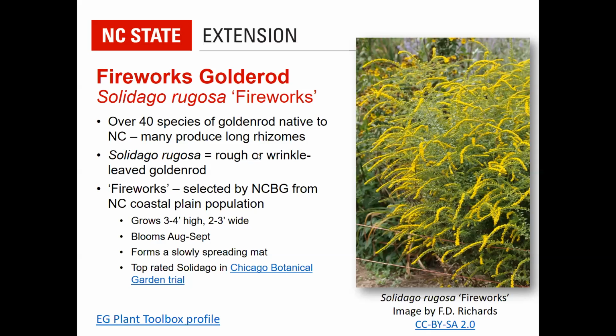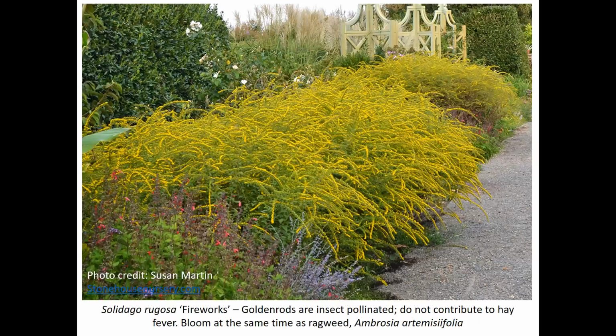And one thing goldenrods really get a bad rap for is hay fever and allergies. And they are insect pollinated. So the colorful petals are there to attract insects for pollination. So their pollen tends to be heavier and not an airborne pollen.